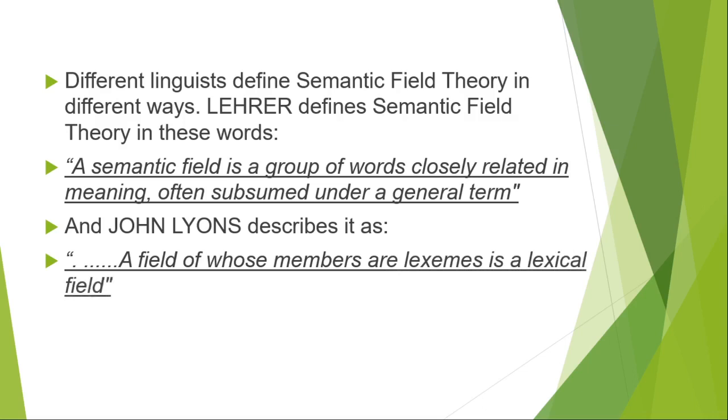Now, this is self-explanatory. A lexical field is a field where the members will obviously be lexemes, the lexical items. These lexical items are semantically related, closely related in terms of meaning with each other. And this is a general term used by linguists for the semantic field theory.